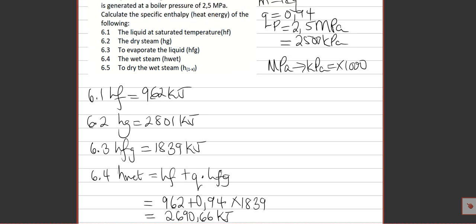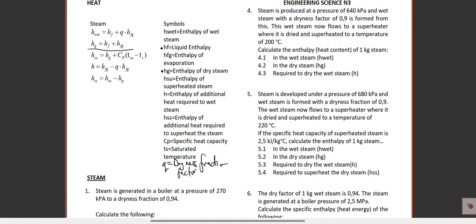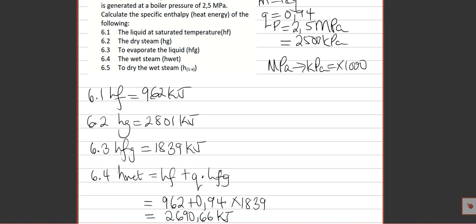Last one. Enthalpy required to dry the wet steam. In this case, they wrote it as H1 minus X. We also know it as just H. Let's see the question again.